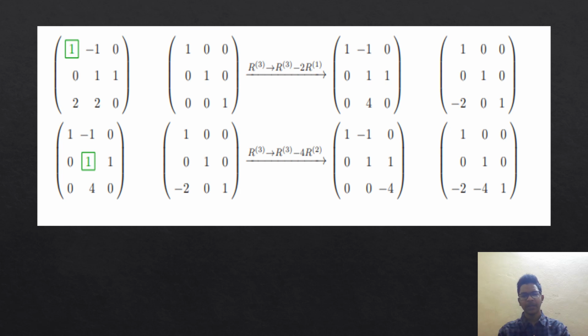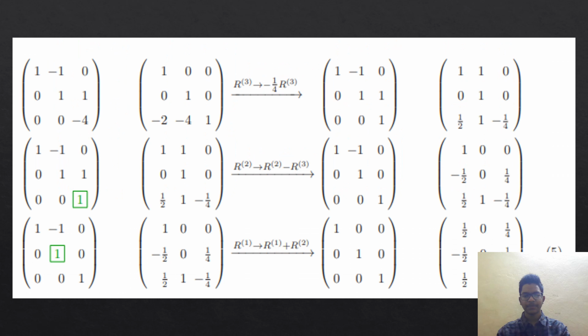Doing row 3 to row 3 minus 4 times row 2, we get [1, -1, 0; 0, 1, 1; 0, 0, -4] and [1, 0, 0; 0, 1, 0; -2, -4, 1]. And the solution continues like this. By doing the elementary row transformations, we get the final answer on the right side of the equation.